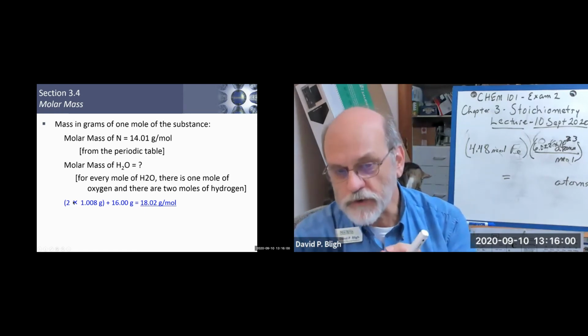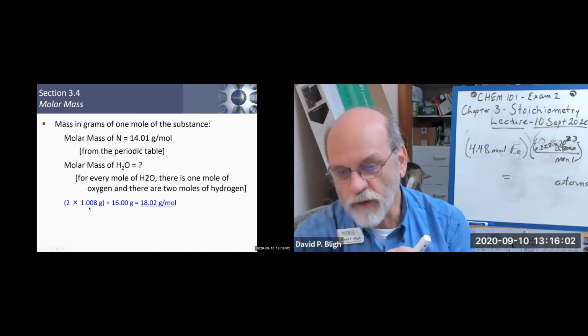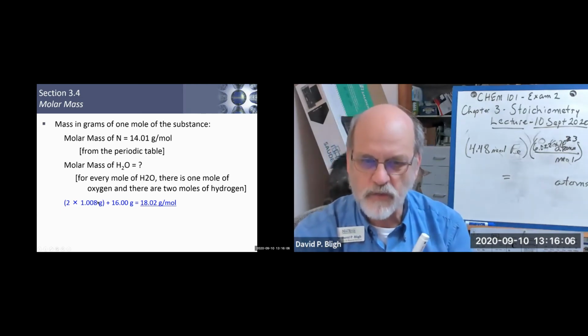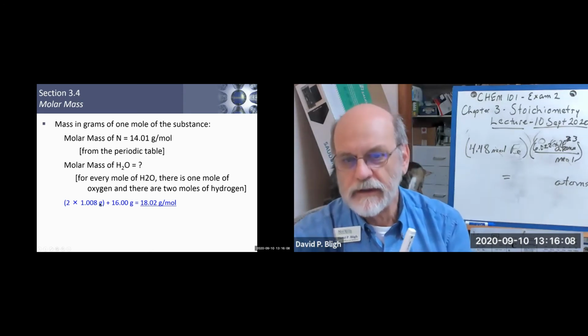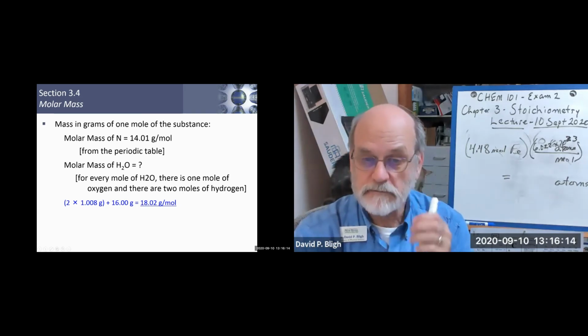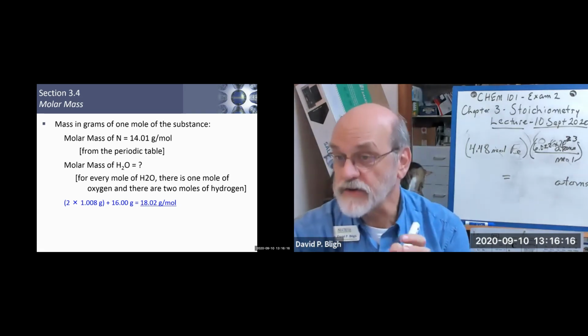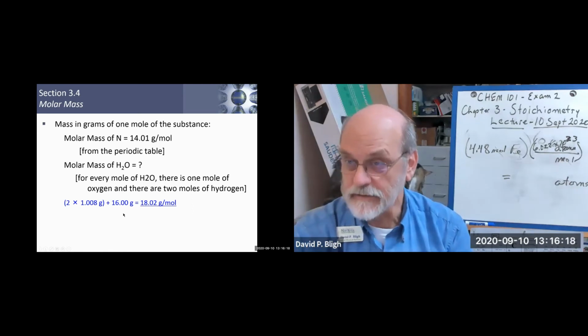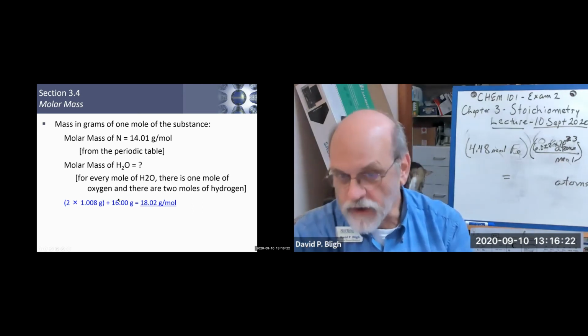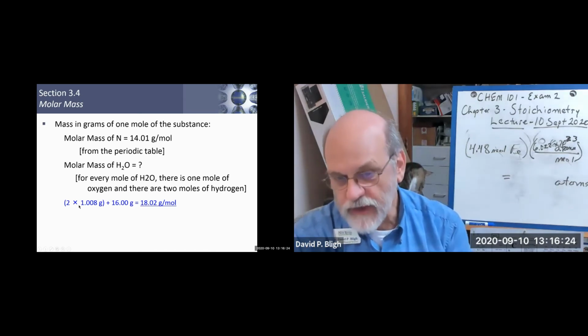So 2 moles of hydrogen is 1.008. I should have rounded that to 1.01. And then 1 mole of oxygen, which is 16, rounded off to 2 decimal places. So we got 1 of these for oxygen and 2 for the hydrogens.